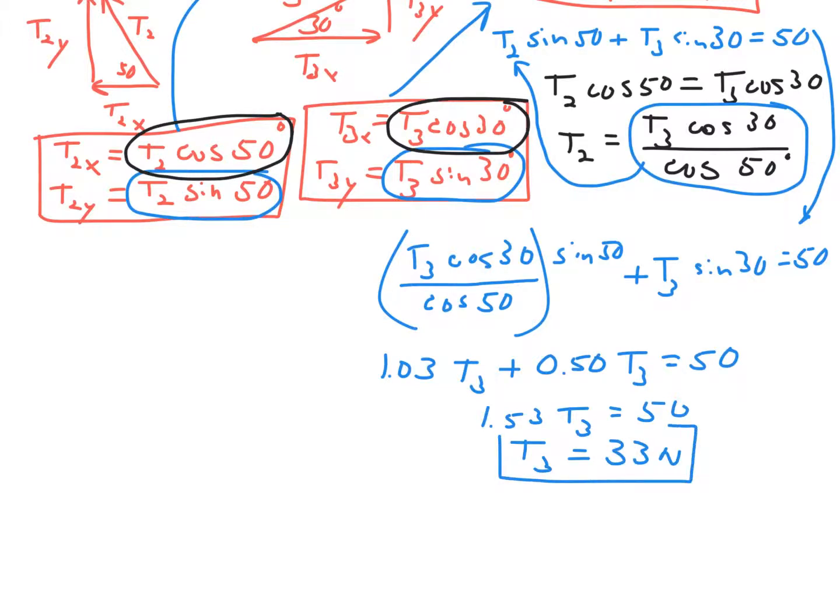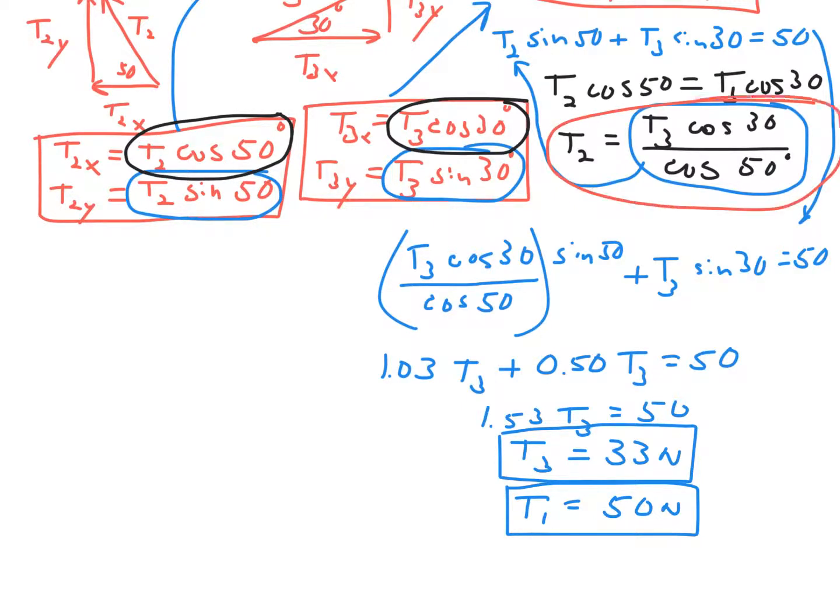All right, and we already knew that T sub 1 was 50 newtons, so we're 2/3 of the way done, but actually we've done all the hard algebra, because once you know what T sub 3 is, you can take this equation up here on the right, and let me just go back to red, right up in here, up on the right, I'm circling in red. I'm going to bring that down over here to get my T sub 2.